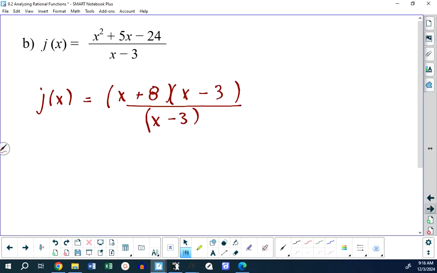So is there a non-permissible value? Yeah, x cannot be 3. It doesn't matter that the x minus 3, that offending factor, is going to disappear in a second. It's there in the original function. So we have a non-permissible value of x. It's not allowed to be 3.